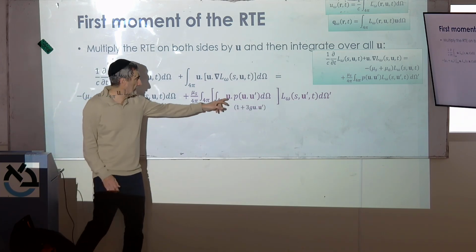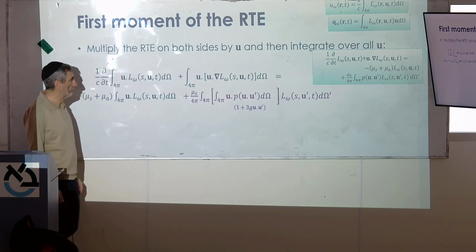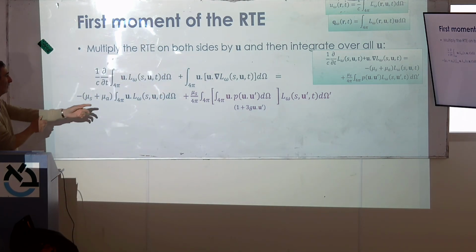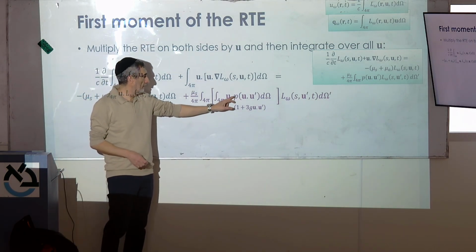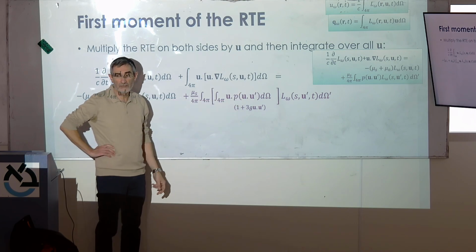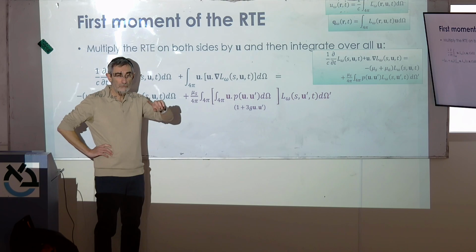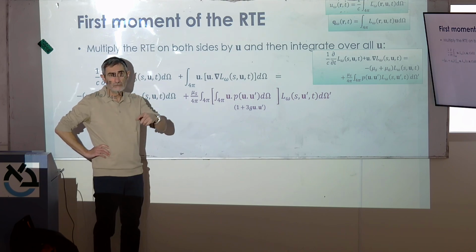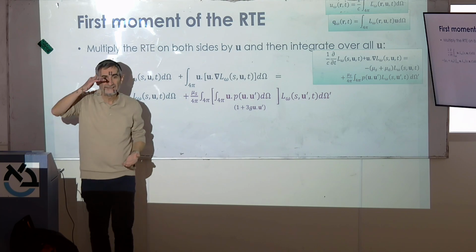We said that the phase function is 1 plus 3 G U U prime. First term, 1: it's the integral of U d omega. What is the integral of the unit vector U in all directions? You get 4 pi?